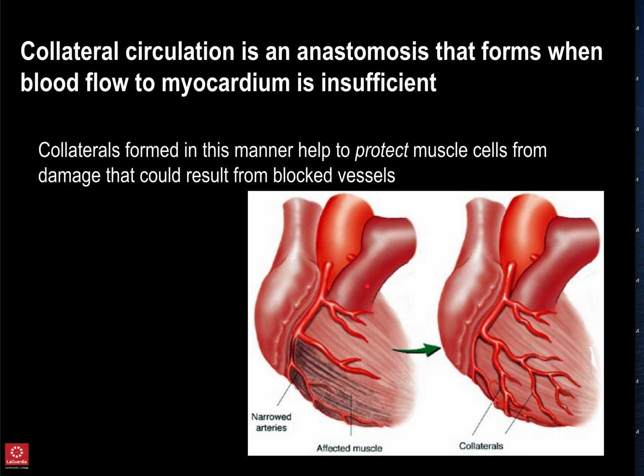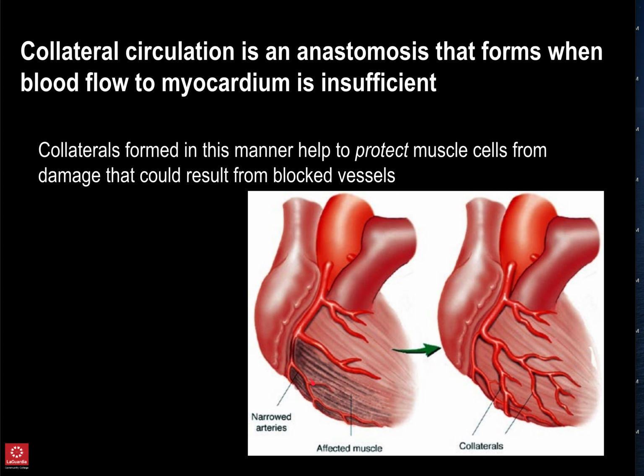So collateral circulation is an anastomosis that forms when blood flow to the myocardium is insufficient. So collaterals formed in this manner help to protect muscle cells from damage that could result from blocked vessels. So here you can see a person who has a heart, and all people have hearts, my bad. First, it's a heart where there's a narrowed artery, right?